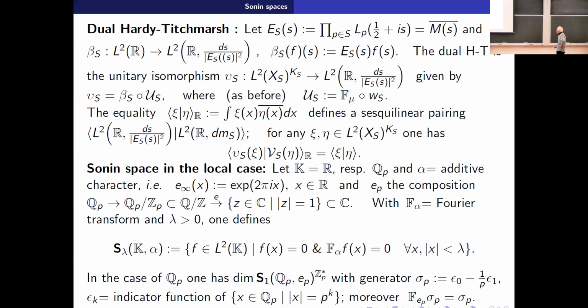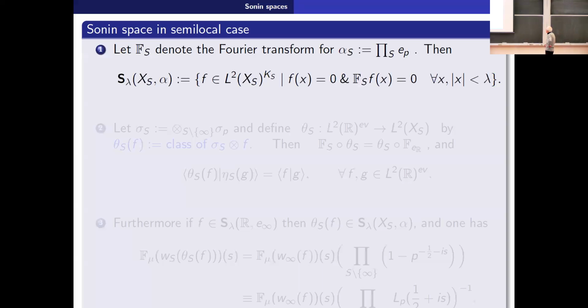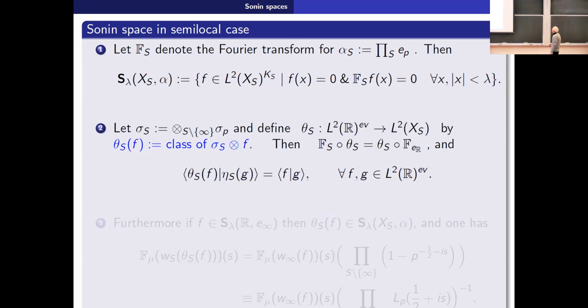Okay, so let's look at the Sonin space in the semilocal case with the Fourier transform defined as I mentioned before. That's the definition of the Sonin space in the semilocal case, of course.